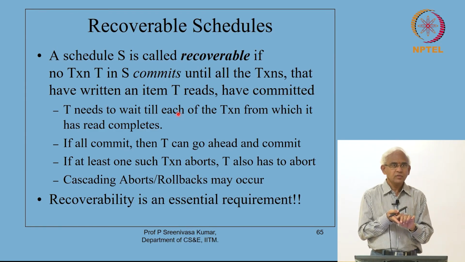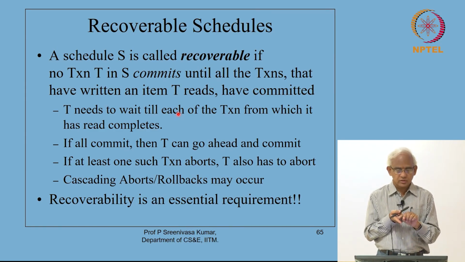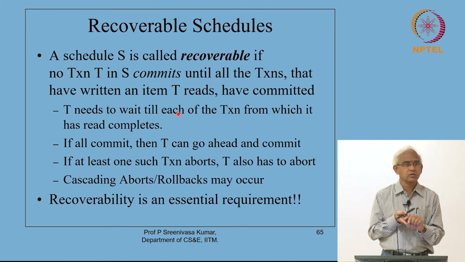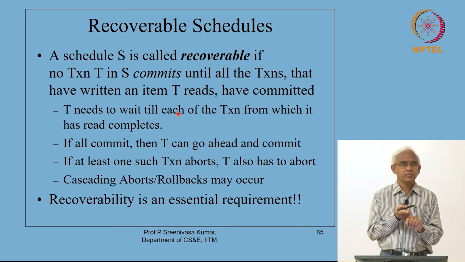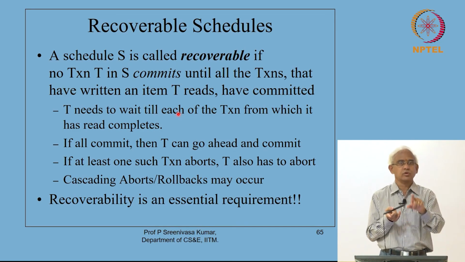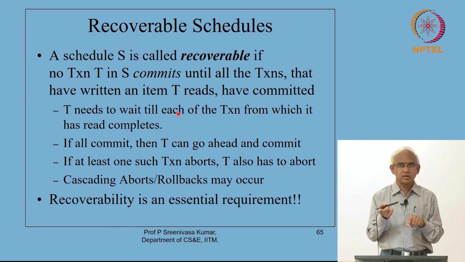For an active transaction, we must somehow make a note of what items it has read from other running transactions, and we must wait for those other transactions to either commit or abort, whatever it is. If all of them commit, then I can allow this particular transaction to commit, and if one of them aborts, I should abort this fellow also, because he has read some item which has been changed by somebody who aborted.